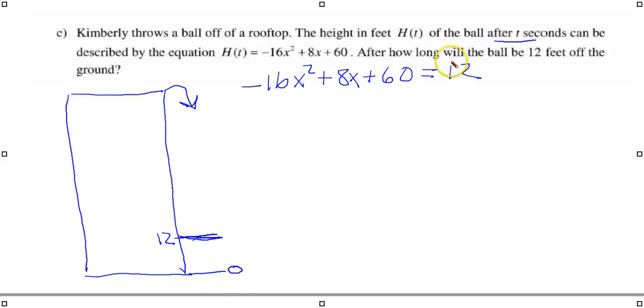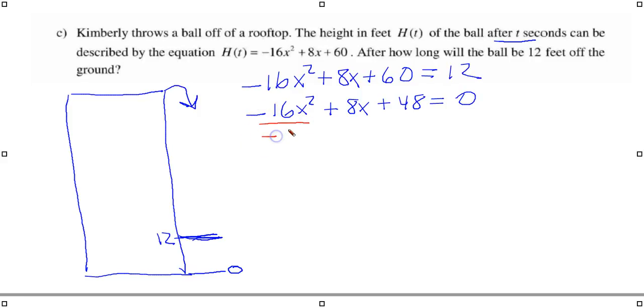So what we do is we take the 12 over to this side, and you got to copy. Now, generally we like to have our first term positive, and I see I can factor out of each one of these an 8.